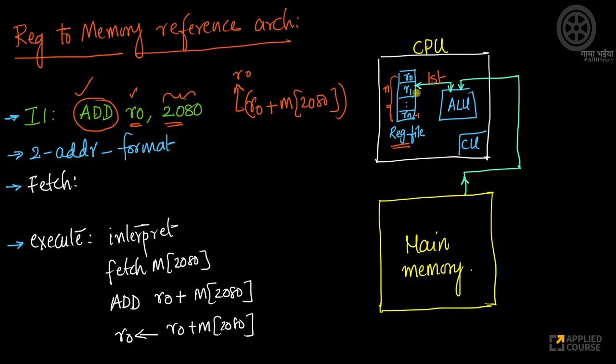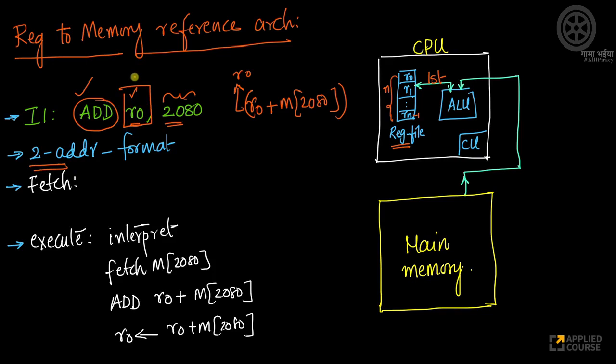That's why this line is two-way, because whatever the ALU computes as the output of the addition, it will store back to your register file, to one of the registers used as part of the instruction. This is called a two address instruction. Why is it called two address instruction? Because I have two addresses.